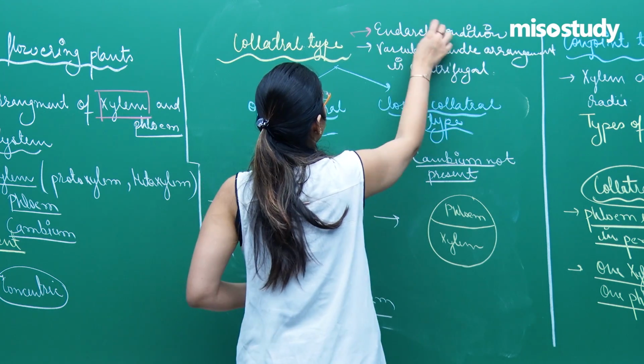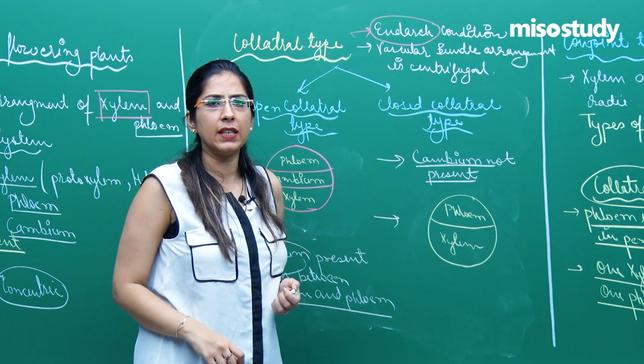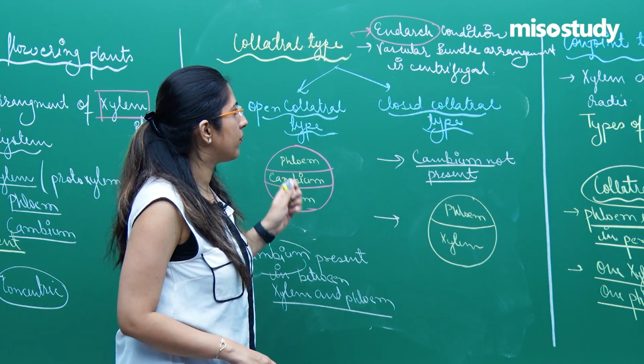Very important: the protoxylem is present in the center, metaxylem is present towards the periphery. This was the collateral type, the first type.